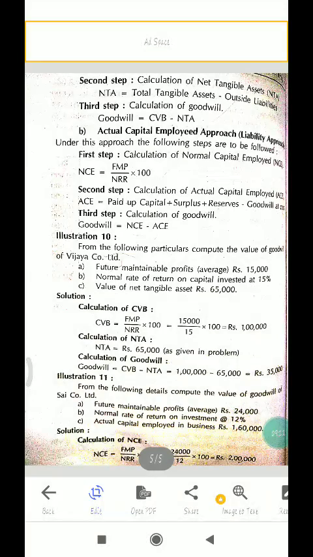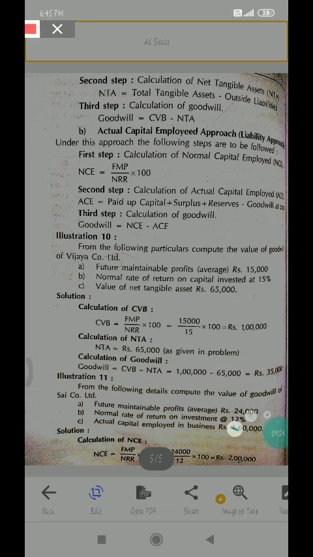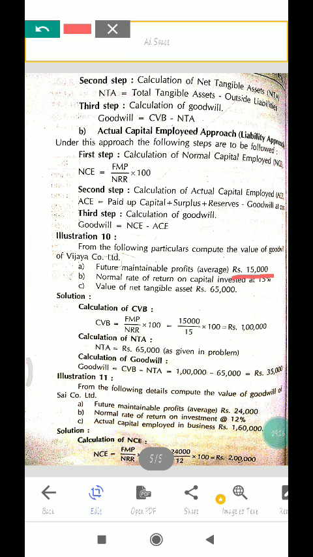Future maintainable profits, meaning average profits, of rupees 15,000. Normal rate of return on capital invested is 15%. Value of net tangible assets is rupees 65,000. There is no need to calculate the net tangible assets because they are directly given in the sum.